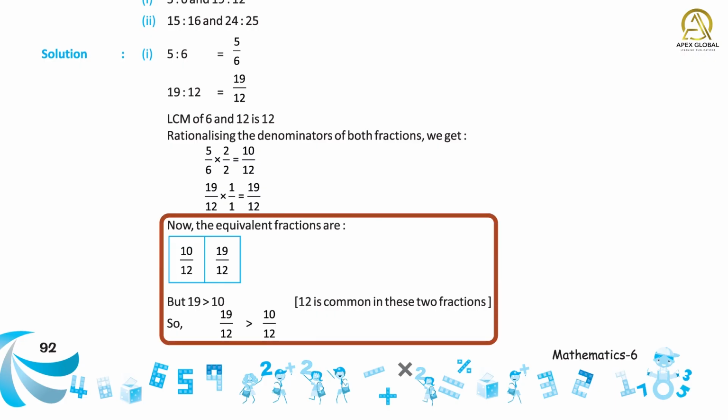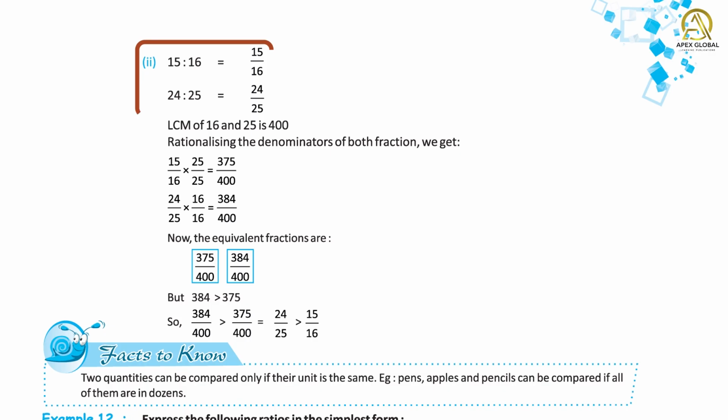Now, the equivalent fractions are 10 upon 12 and 19 upon 12. 12 is common in these two fractions, but 19 is greater than 10. So, 19 upon 12 is greater than 10 upon 12. Second, 15:16 equals 15 upon 16.